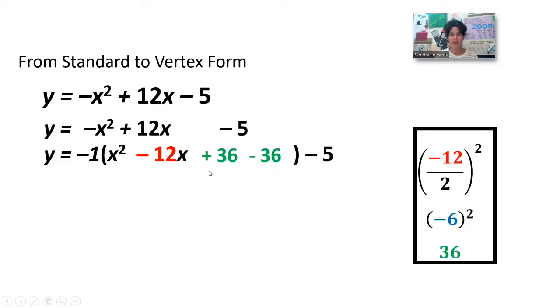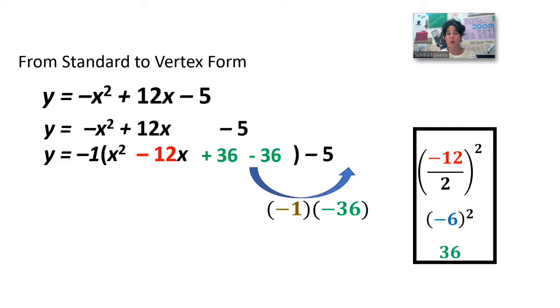I do not want this minus 36 inside of parentheses because the x squared minus 12x plus 36, that's what's creating the perfect square. So I want to get that minus 36 out of there. The effect of that negative 36 was negative 1 times negative 36. So the effect of that negative 36 is adding 36.